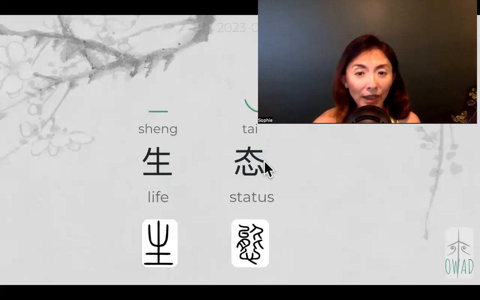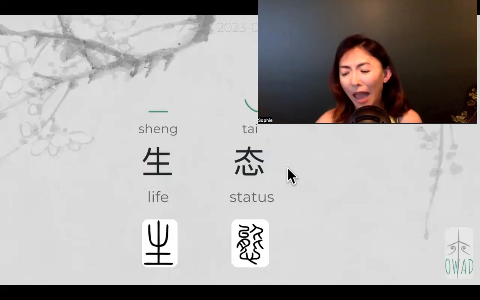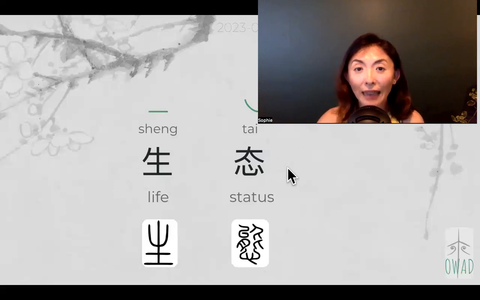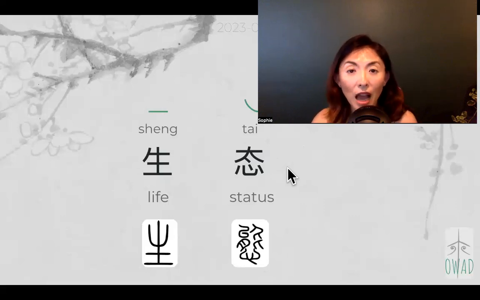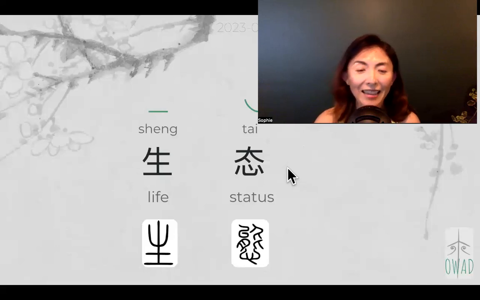Because in contemporary Chinese, this status is made up of this type, which is kind of abstract, and we don't exactly know what it is, except that it's related. It can be in combination with the sun, and it can be almost like an adjective, meaning too much of something.